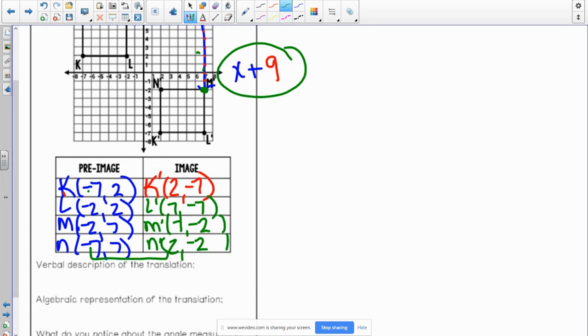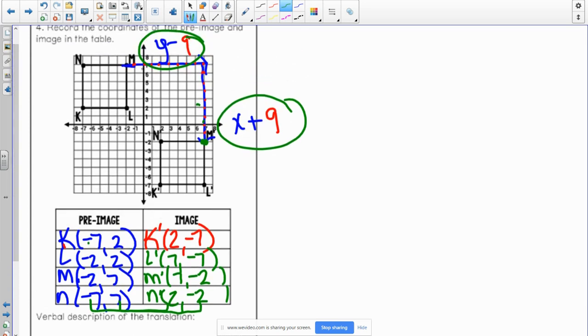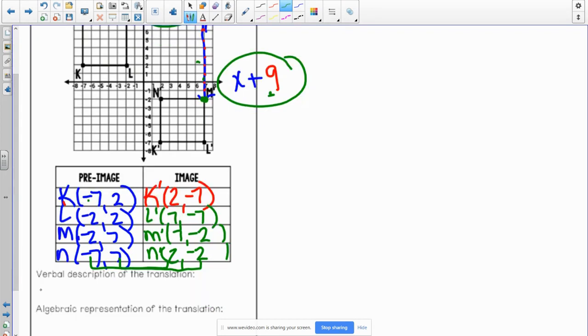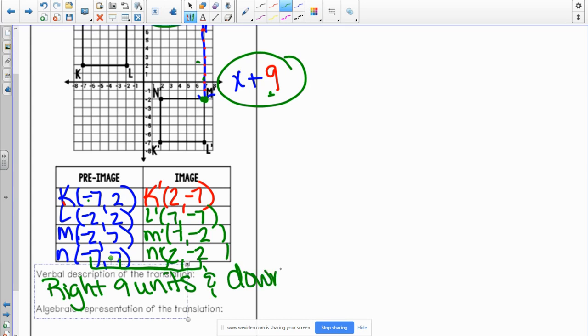If you're at -7, you go down to 2. I'm sorry, not down. That would be up to 2. Yes, that's adding 9. If you go from 7 to -2, that's the subtracting. So verbally, we can go back to our arrows. We went right 9, and then we went down 9. So right 9 units and down 9 units.